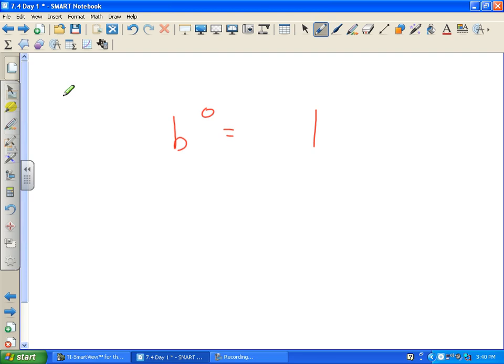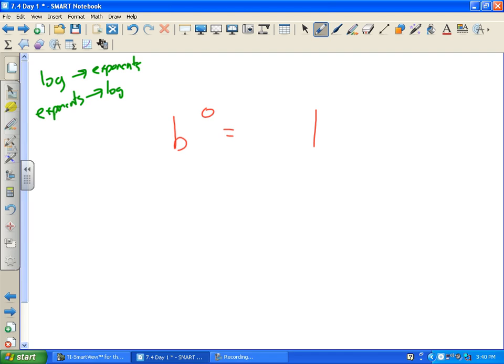And the relationship is that logs undo exponents, and exponents undo logs. They work hand in hand. Logs and exponents go like multiplication and division, go like addition and subtraction. So I'm looking at my generic function right now, and I have b to the 0 equals 1.